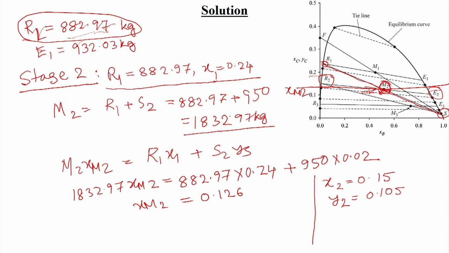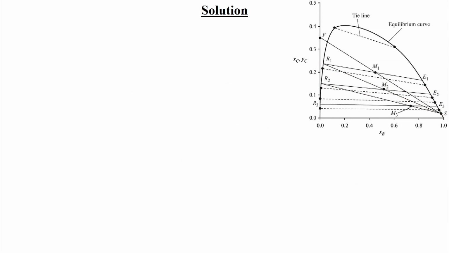Then we will be doing again the component balance: m2 xm2 is equal to r2 x2 plus e2 y2.